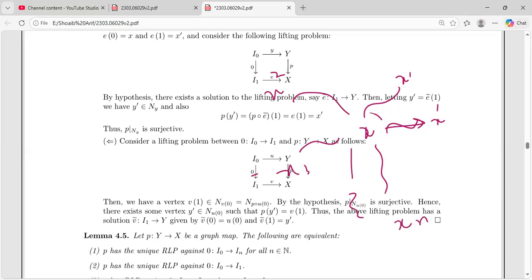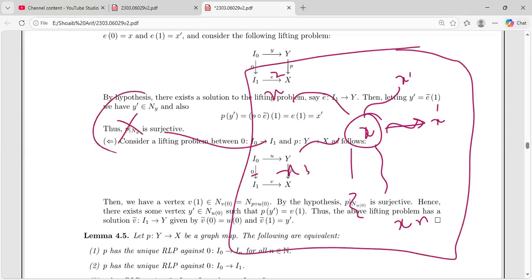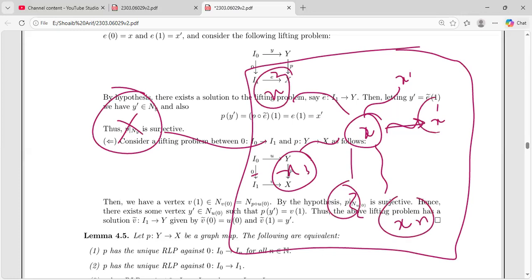So this is the subgraph of X, and all the vertices belonging to this set have an edge with x.